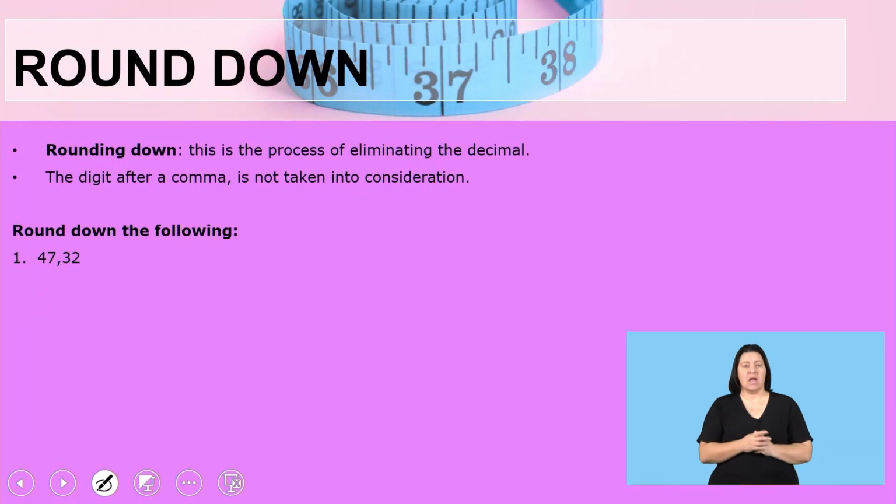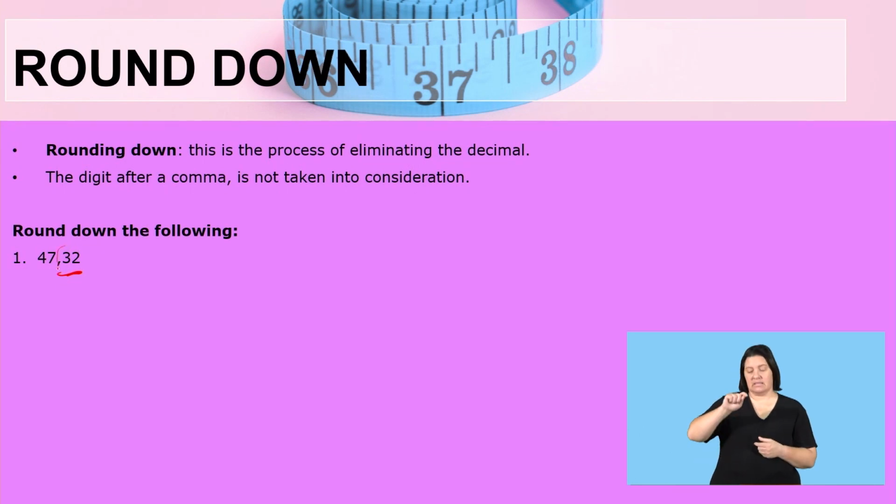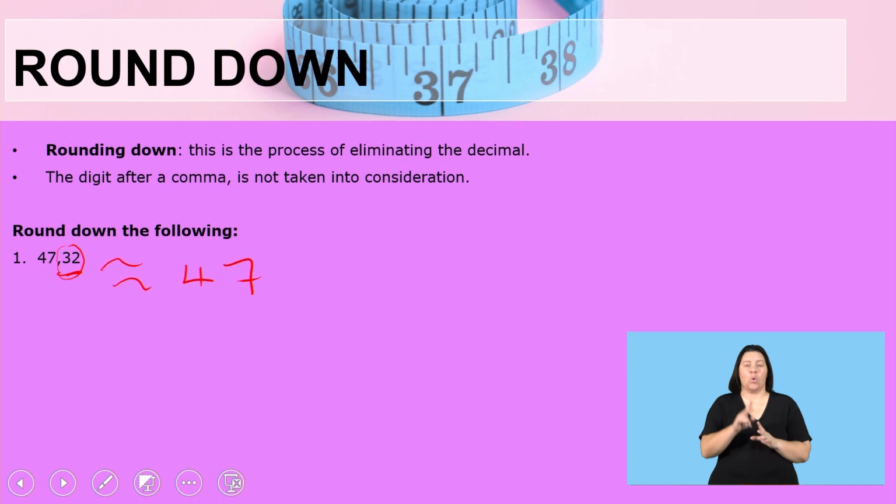Okay, round down the following. If you are given 47,32, 47,32 has the decimal 32. But now we're saying with rounding down, you just eliminate the decimal. And this is 47. So you don't even have to consider whether it is greater or less.